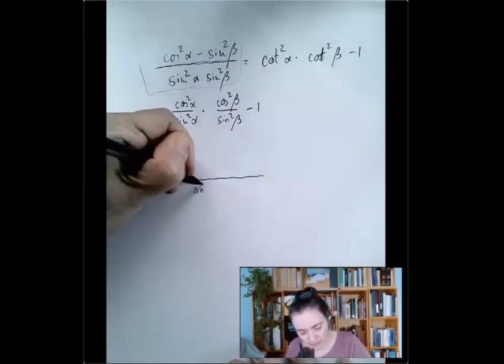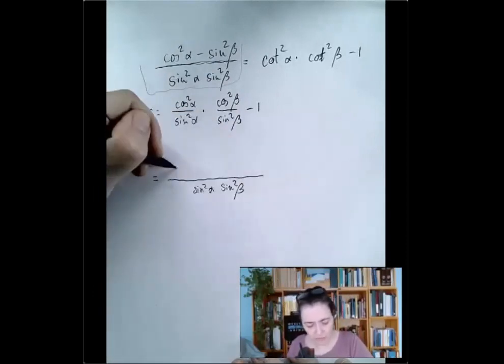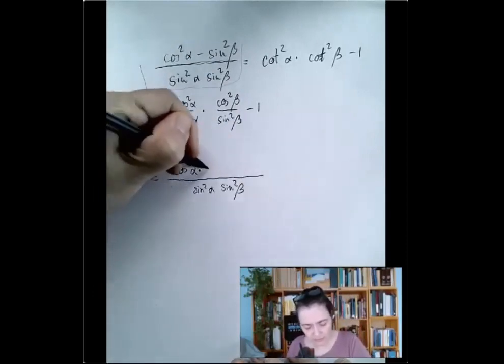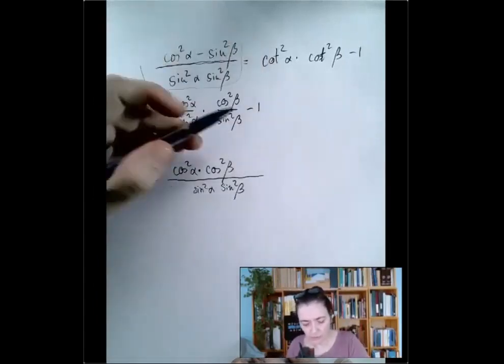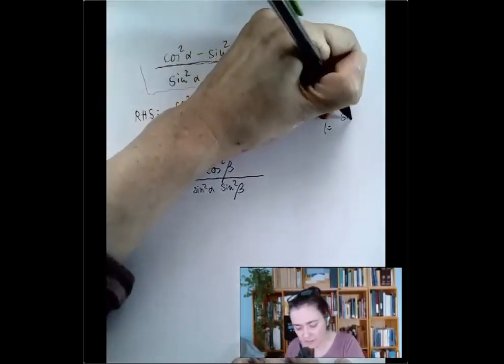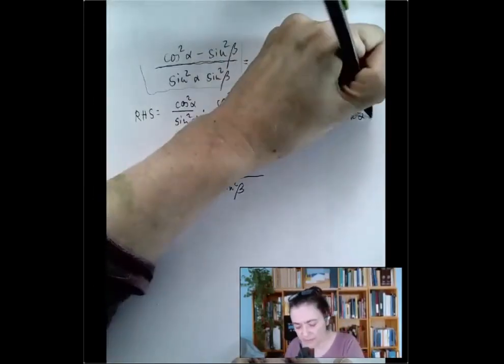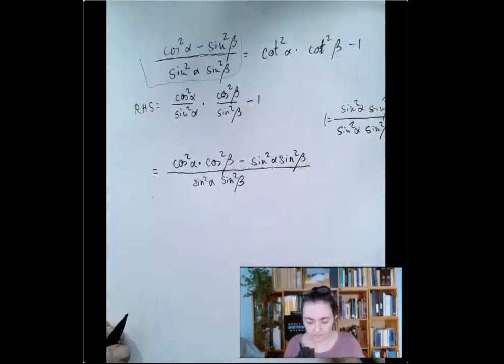So we have sine squared alpha times sine squared beta. And the numerator is cosine squared alpha times cosine squared beta. If we bring this to the common denominator, we rewrite 1 as sine squared alpha sine squared beta over itself. So the denominator is in the form that we want.